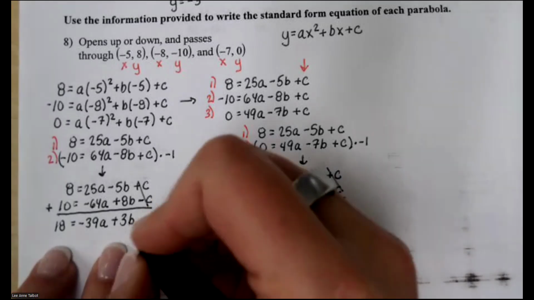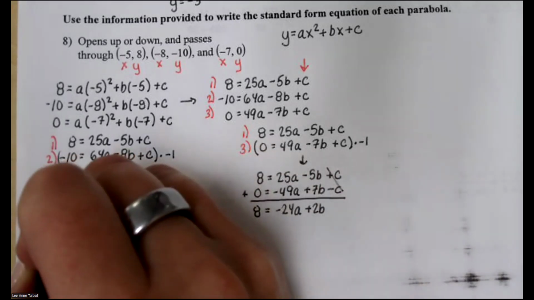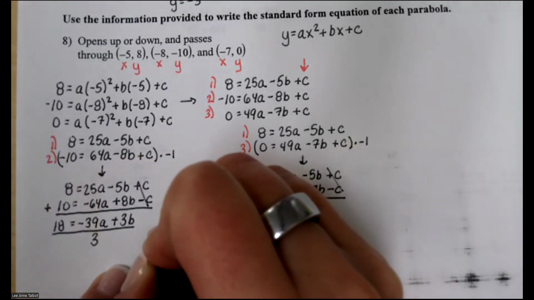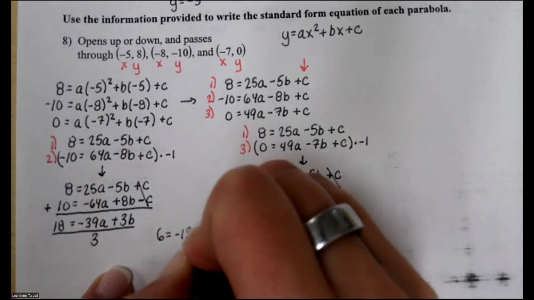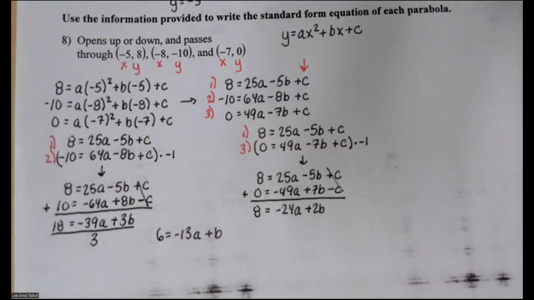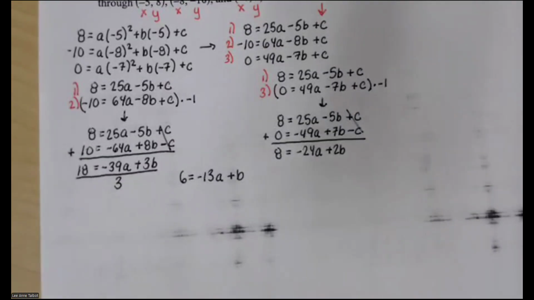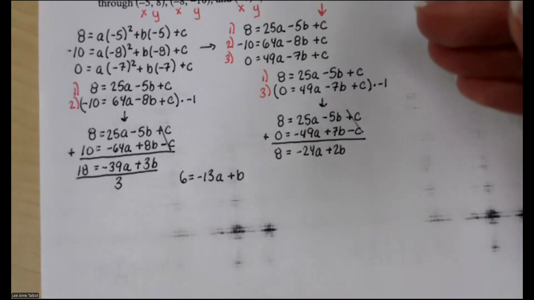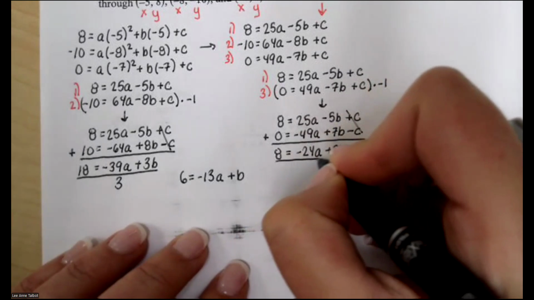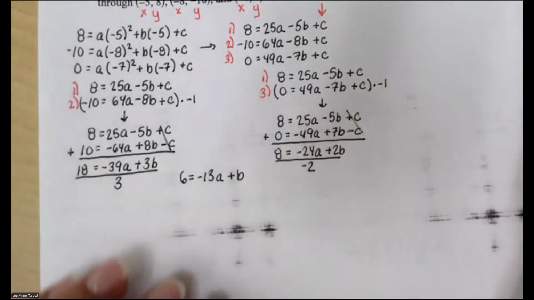So if I divide this by 3, crazy town. You don't have to do it this way. It just doesn't occur to you because we always multiply.